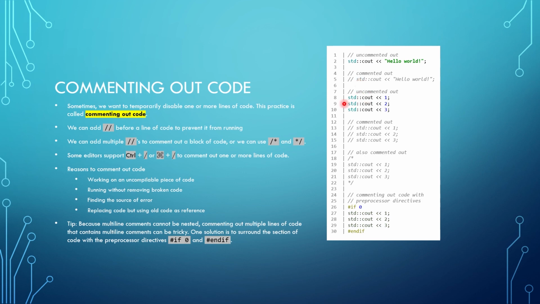We have a block of code which is not commented out, and we can comment it out by adding two slashes before each line. We can also comment it out by making it into a multi-line comment. And then we can also use preprocessor directives to disable a block of code when it has multi-line comments in it, but in this example, we don't.